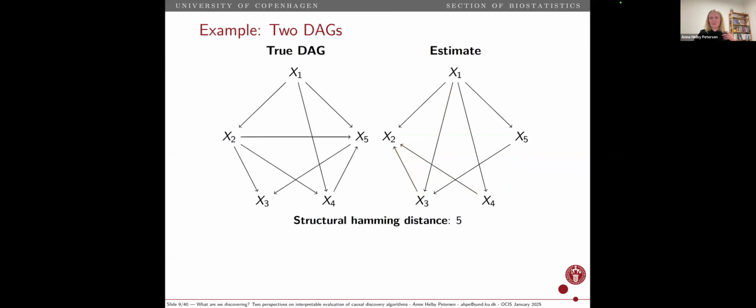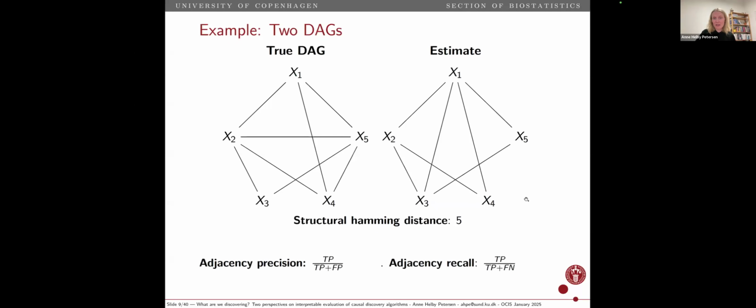A different approach that's often also used, and that I'll discuss today, is to focus on these metrics that come from machine learning. One is precision and recall. Here I call it adjacency precision, adjacency recall, and that's because we're now comparing the graphs where I have removed all the orientations. So we're just talking about where the edges are and not which way they turn.